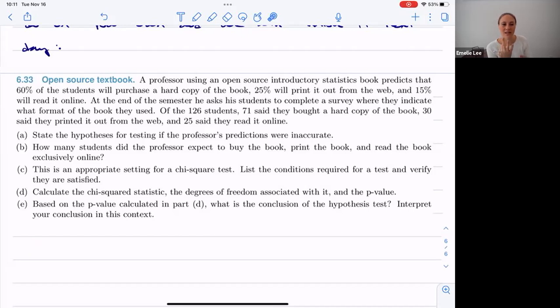And so now I have this expected distribution among those 3 categories. And then at the end of the semester, we actually ask them, okay, so what did you guys do? Right. And so of the 126 students, so we've got a total sample size of 126, 71 said they bought a hard copy of the book, 30 said they printed it out from the web, and 25 said that they read it online.